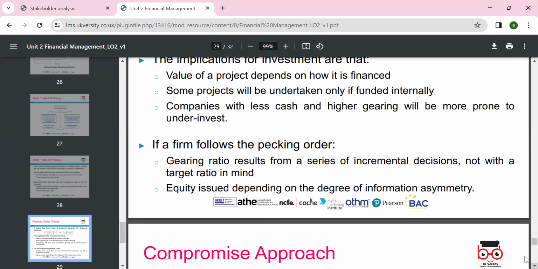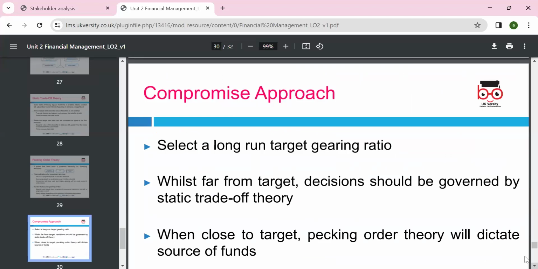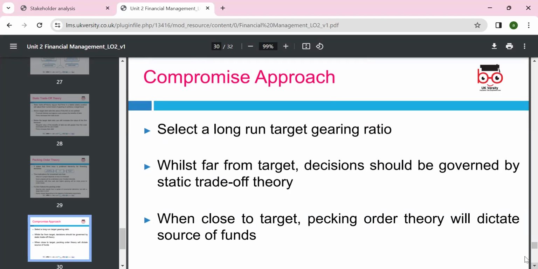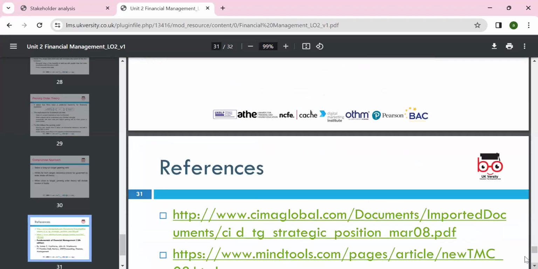If the resulting gearing ratio is the result of a series of decisions, not of target ratios in mind, equity issue depends on the degree of information, and maybe we don't have authorized capital registered at Companies House. For selecting the long-term target gearing, the decision is governed by static trade-off theory, and when targeting and pecking order theories are combined, these are all the theories about funding. That's the key for today; next we discuss risk.